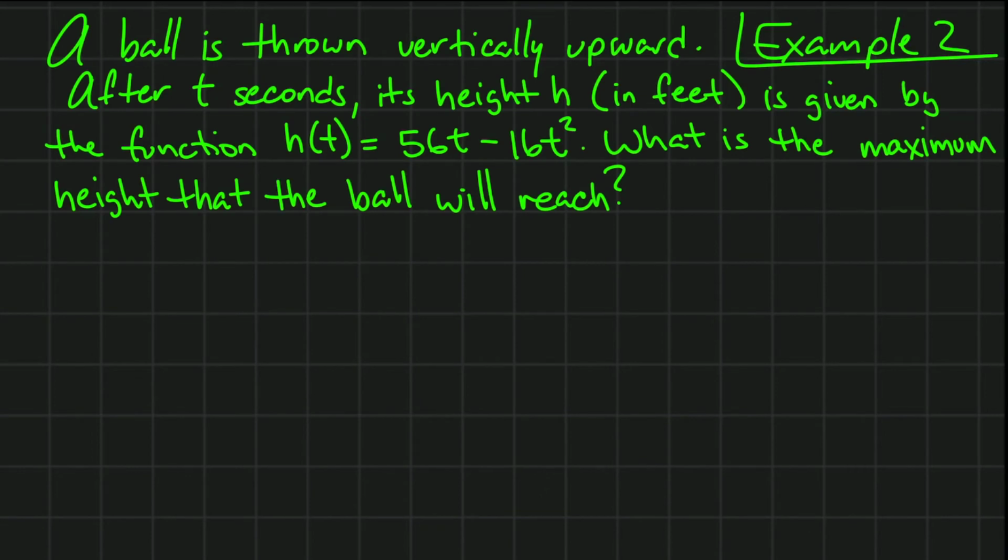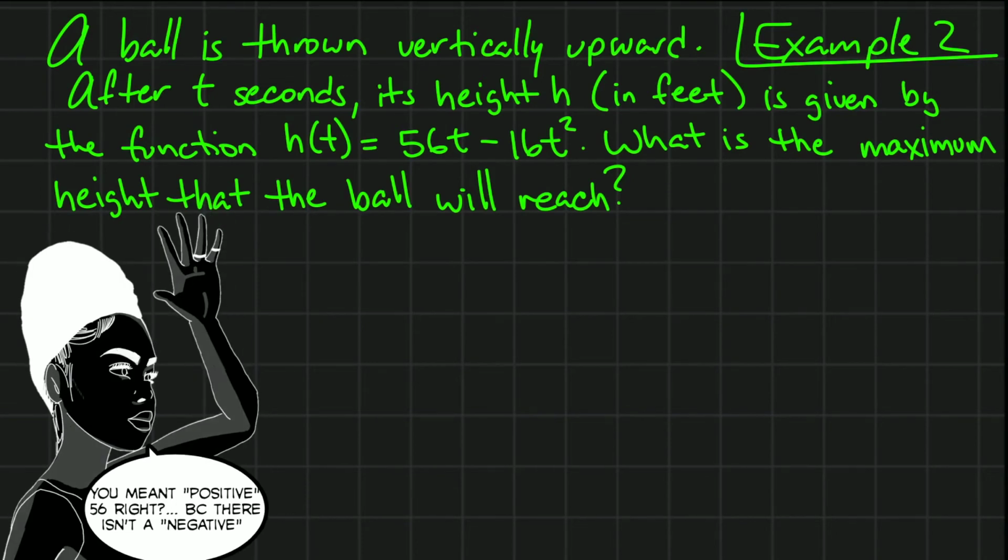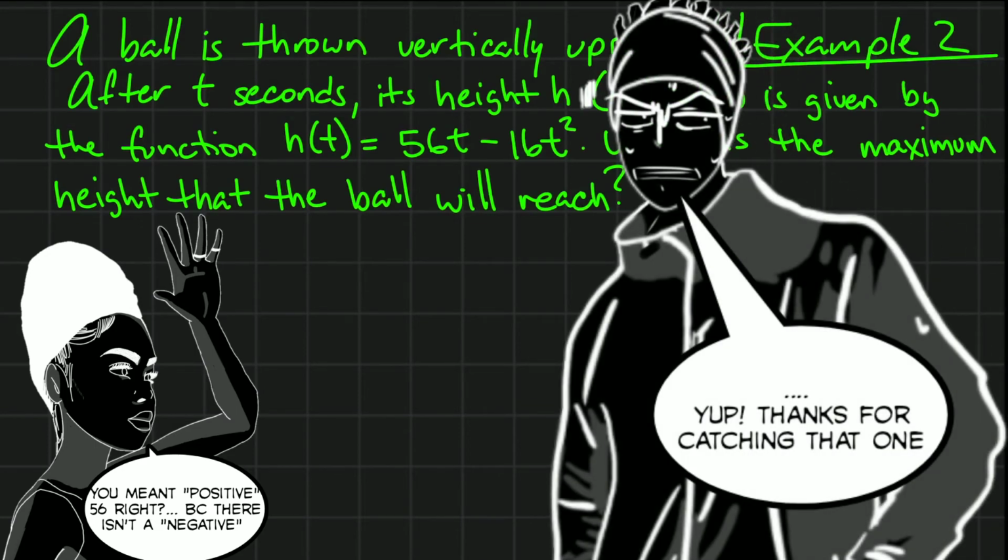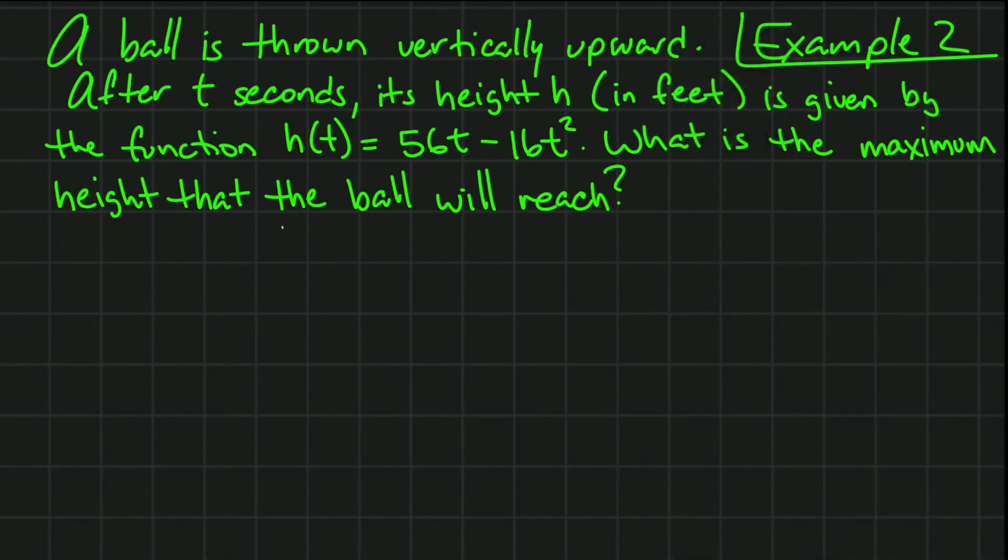Here's example number 2. A ball is thrown vertically upward. After t seconds, its height h in feet is given by the function h of t equals 56t minus 16t squared. What is the maximum height that the ball will reach? So we have h of t, put this in standard form, negative 16t squared plus 56t plus 0.